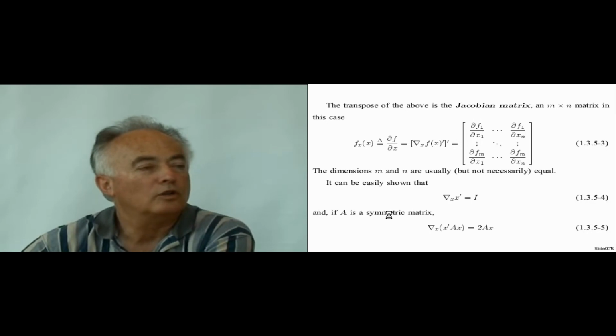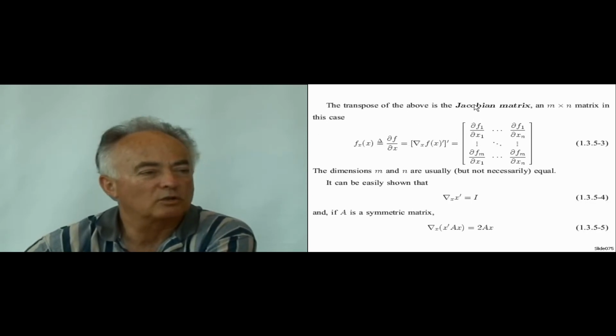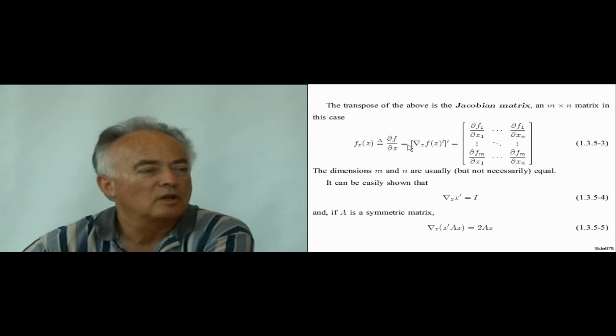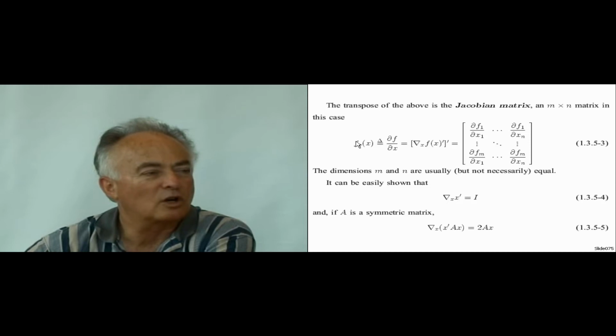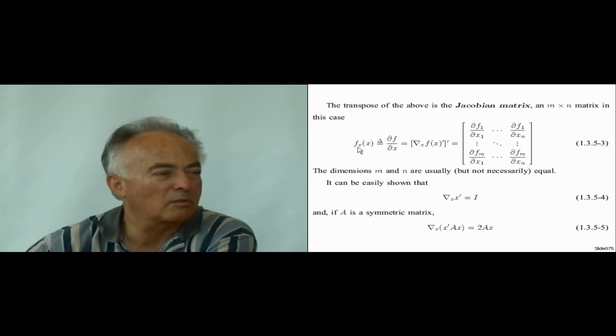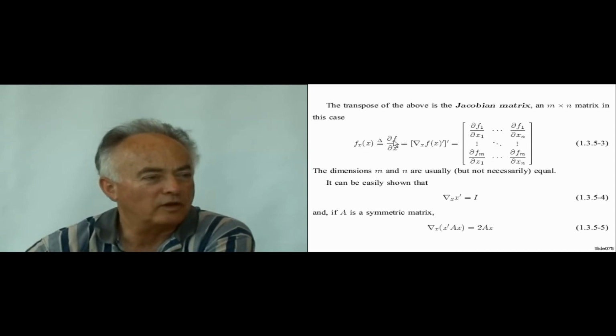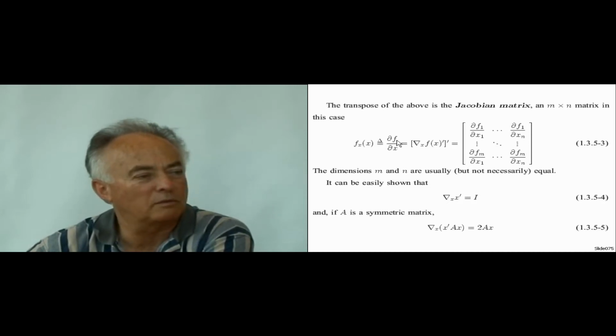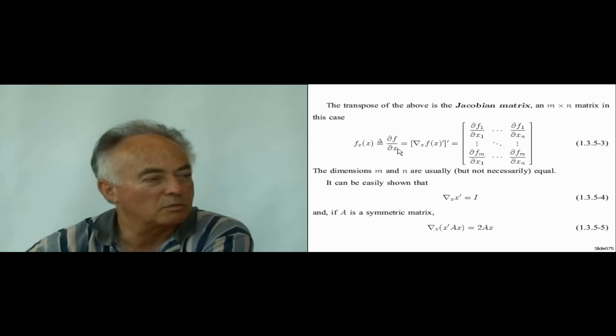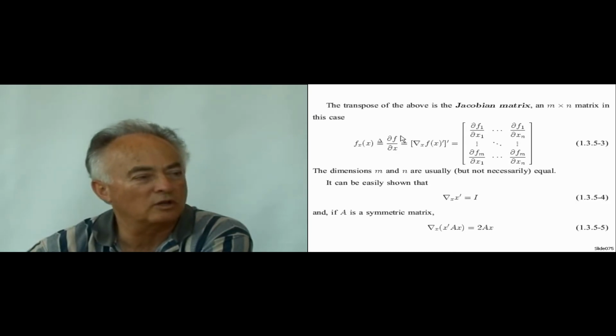Now, the Jacobian matrix turns out to be the transpose of the previous expression. It is written in a very compact manner as f sub x of x, where the sub x means derivative, the argument is x. Another very compact and not very rigorous way of writing is partial of f with respect to x, but remember, f is a column vector, x is a column vector. So this is to be interpreted as a purely symbolic notation.